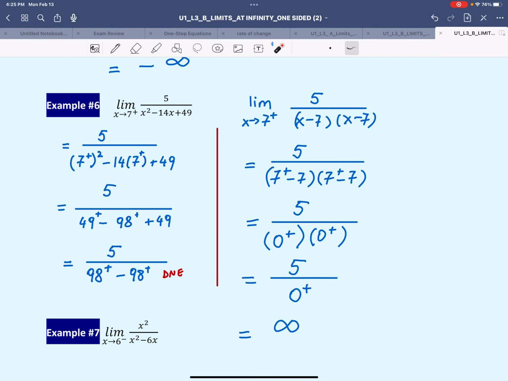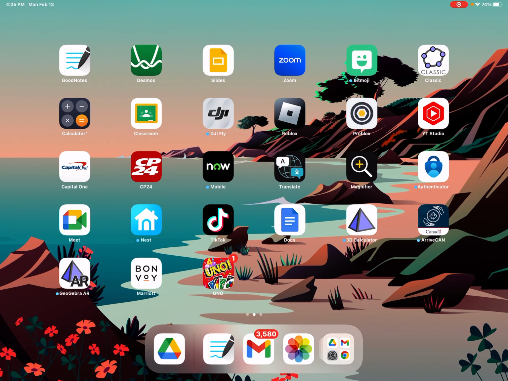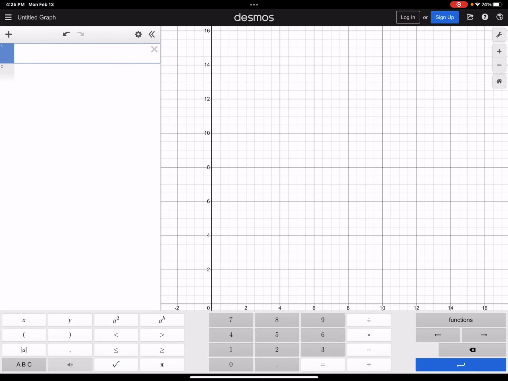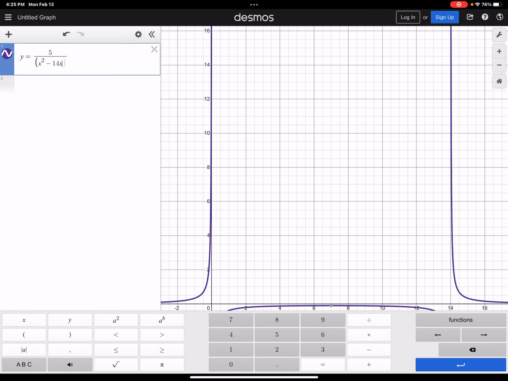If we were to check our answers, and it's always good to check your answers for two reasons: you can check if you're right or wrong, and reason number 2 is you can make connections between your algebraic thinking, which is abstract thinking, and the graph, and then we can see how things work together. So what we had there was 5 divided by x squared minus 14x plus 49.